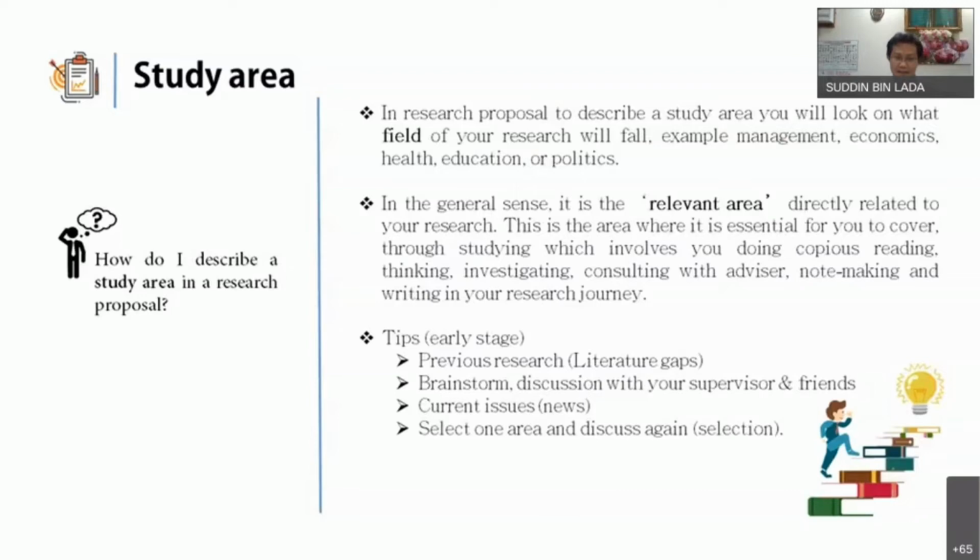But again, I tell you that, read more. I'm sure you will understand what is in your area. And I'm sure you will be able to identify what the areas are, the trend of research in your area.